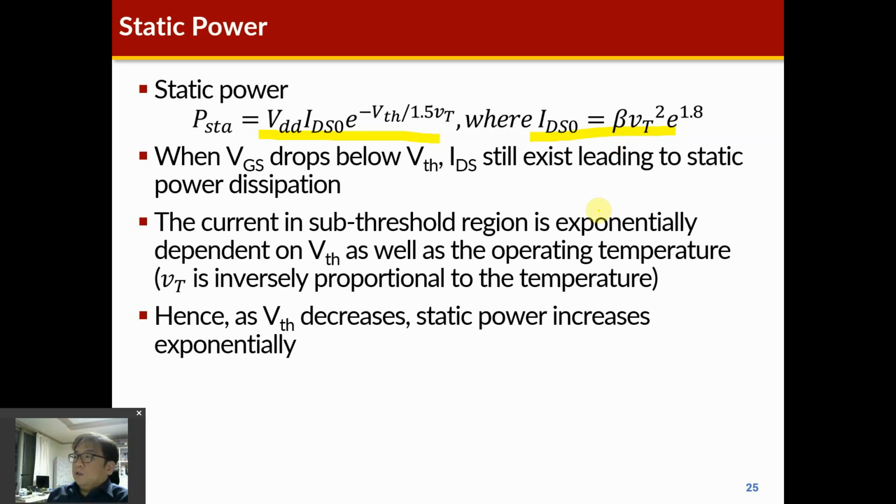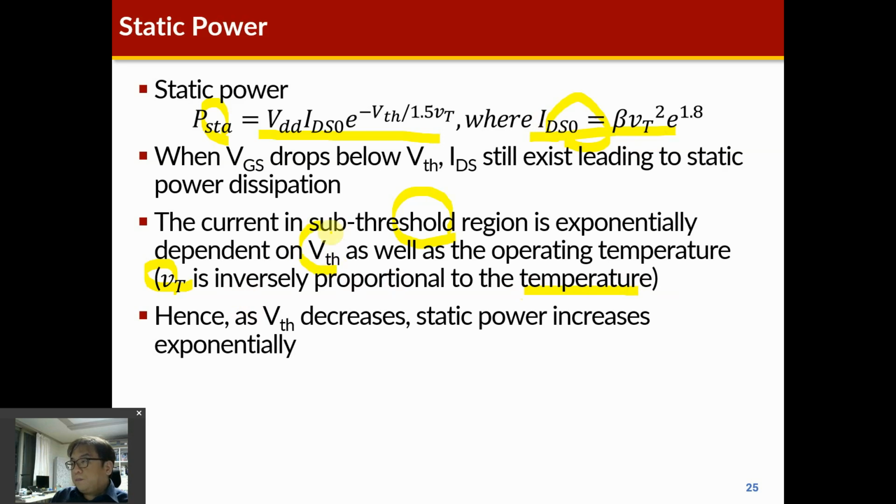But you need to remember that this static power is tightly related to the threshold voltage and temperature, because Vt in this equation is inversely proportional to the temperature. So if the temperature increases, this coefficient also increases. That's why the leakage current increases at high temperature.